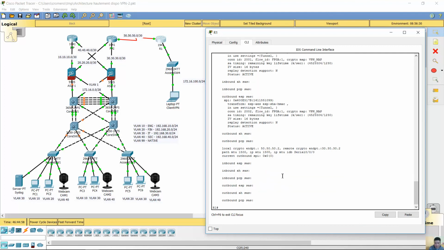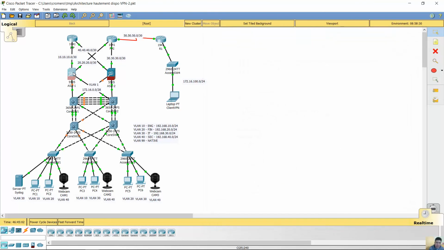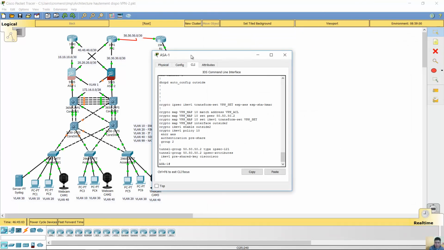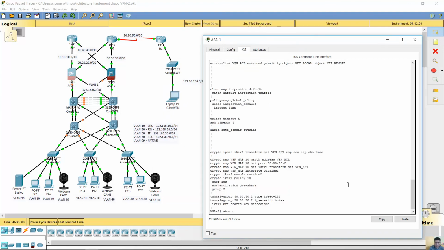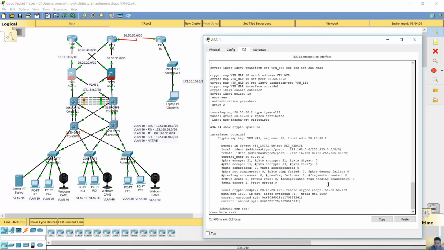Okay, and you can do the same process on ASA1. Show crypto IPsec SA. Okay, the number of packets sent by the VPN. If the VPN is not working, the packets will be 0.